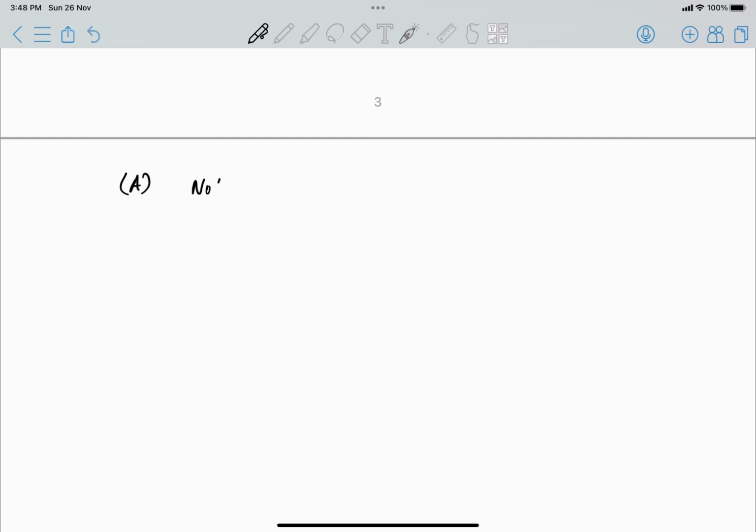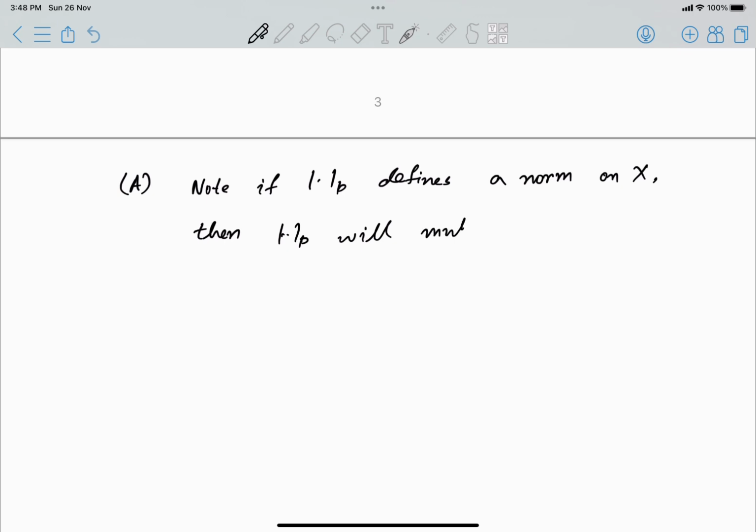If this defines a norm on x, then this must satisfy the triangle inequality.